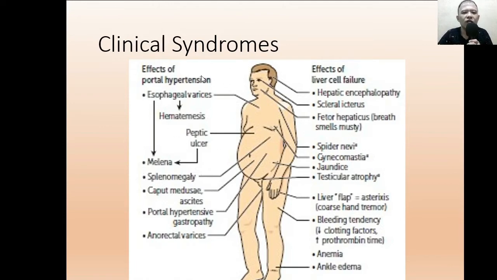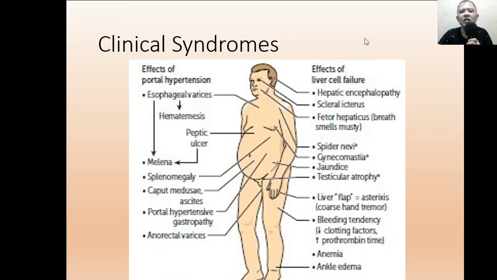This picture pertains to the severe form of liver injury, particularly cirrhosis and liver failure. So the effects of portal hypertension: you have varices, splenomegaly, caput medusae.